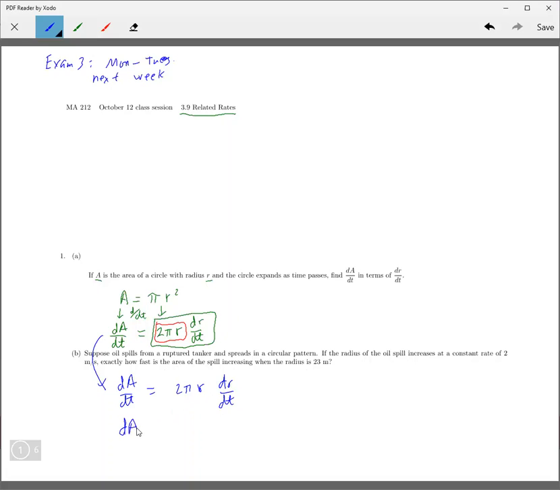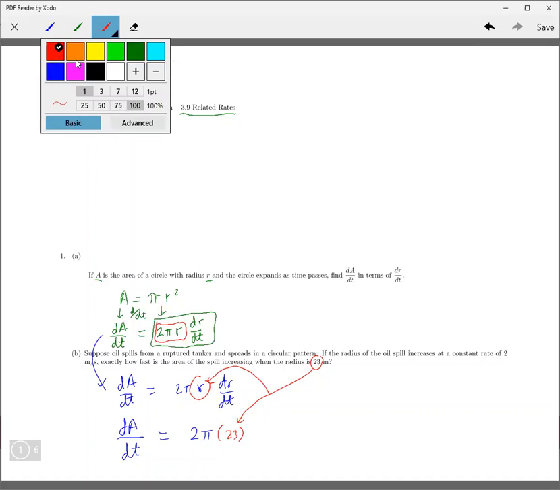They're asking how fast the area is increasing, and that would be dA/dt. And you put in 23 for r.